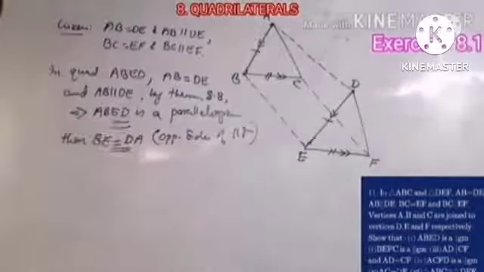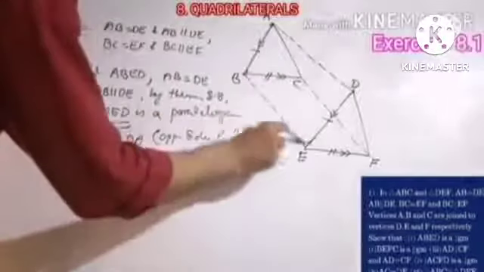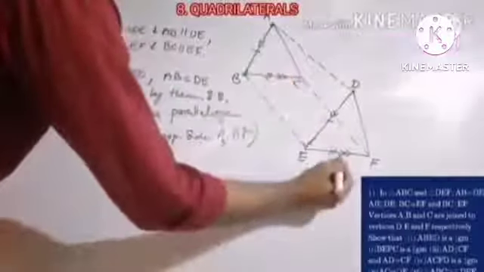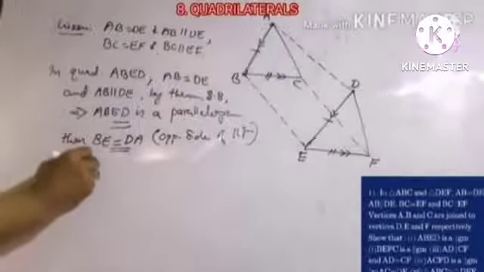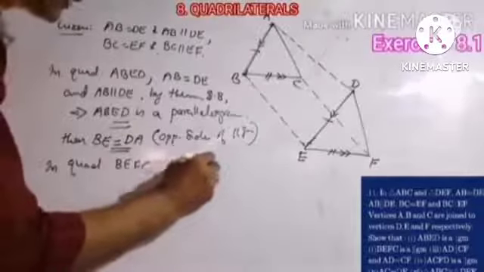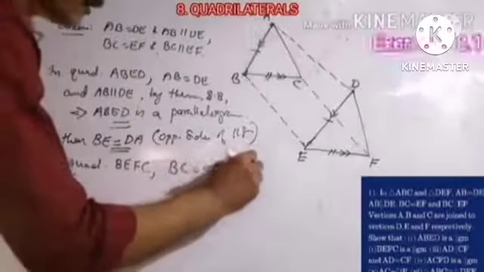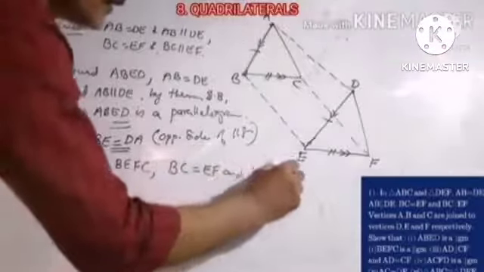Now consider the second quadrilateral BEFC. Here also BC equal to EF and BC parallel EF. That is given. One pair of opposite sides parallel and equal, then it also becomes a parallelogram. In quadrilateral BEFC, BC equal to EF and BC parallel EF.